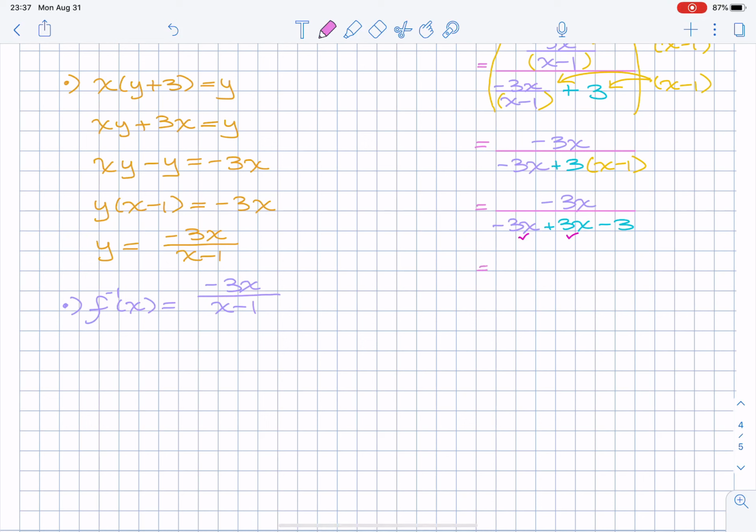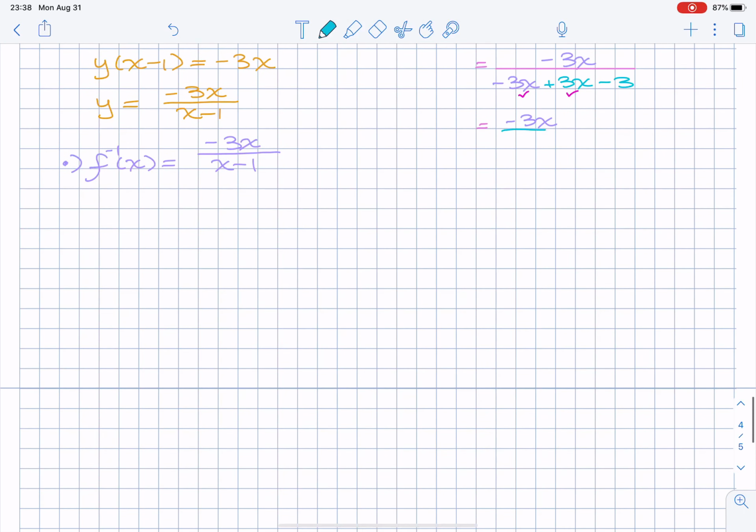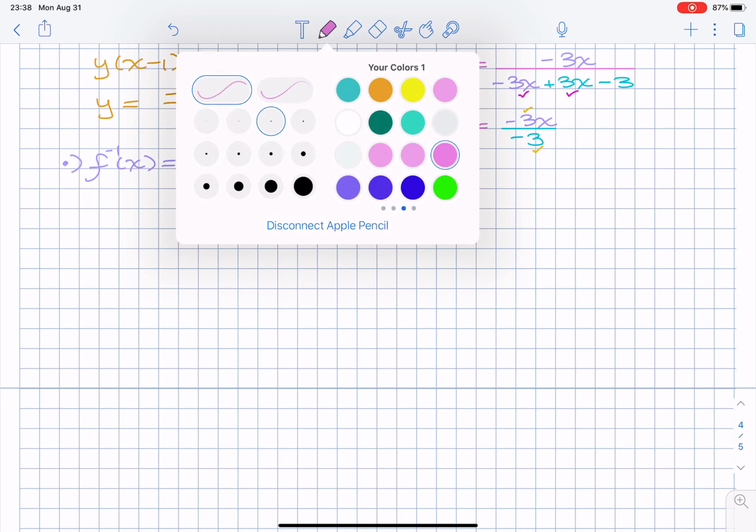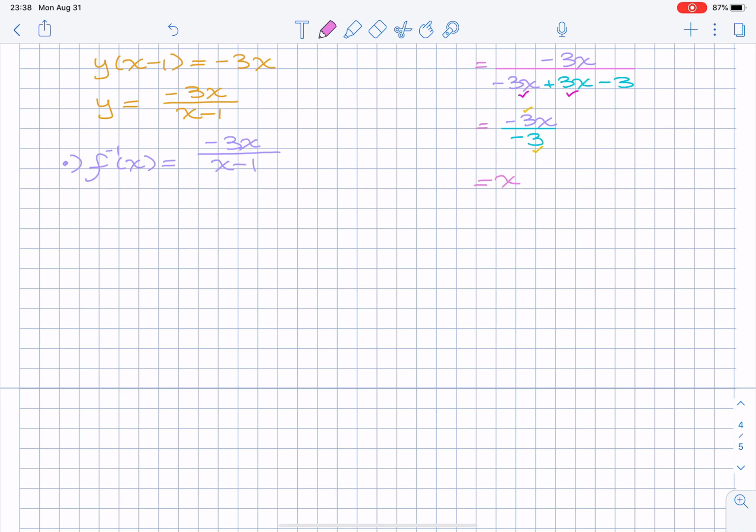So we're left with, in the numerator, negative 3x, and in the denominator, negative 3. Now the negative 3's reduce, leaving us with x, which is exactly what we wanted.